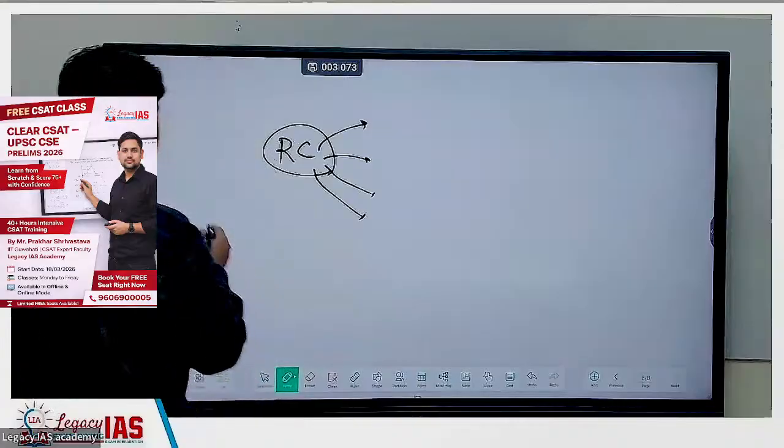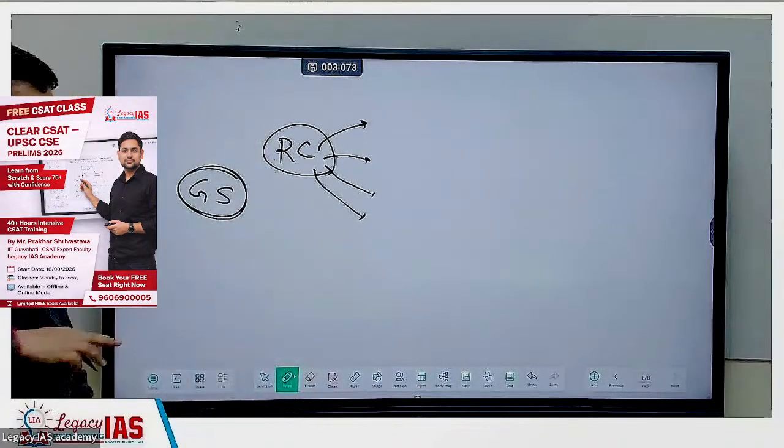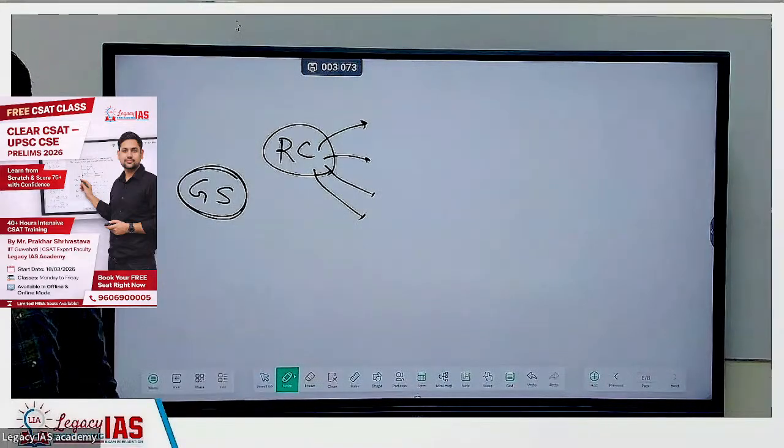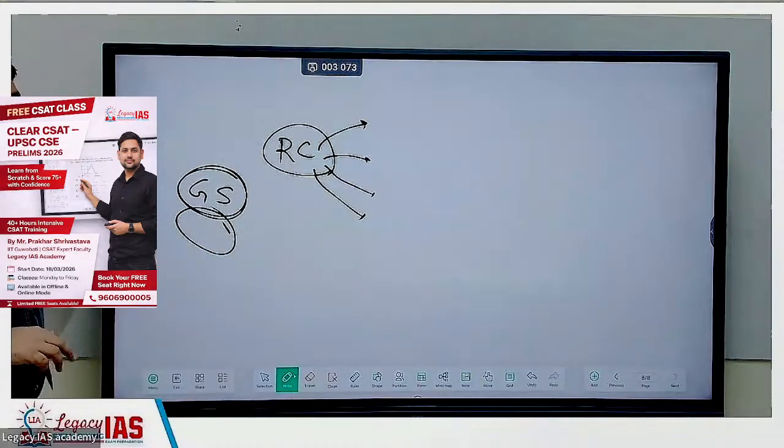One thing you can say is most of their questions are along the line of GS. All the subjects that you read in GS, it mostly covers everything that is around, and the passages are also based on this. Of course, some passages come beyond it also.